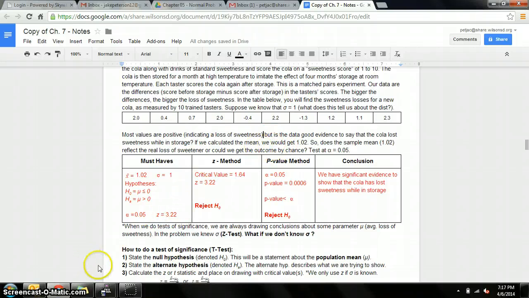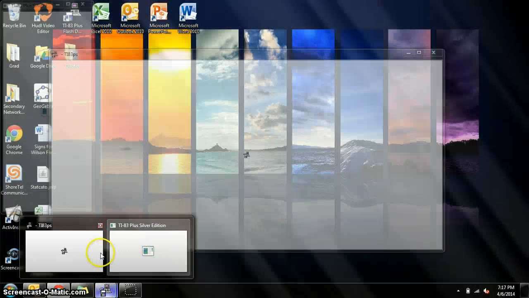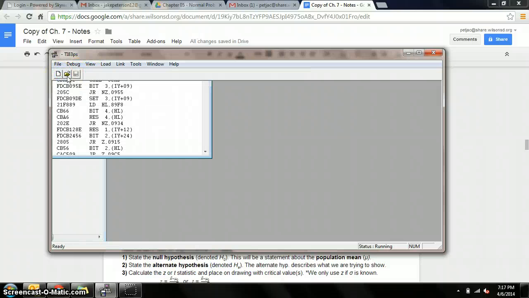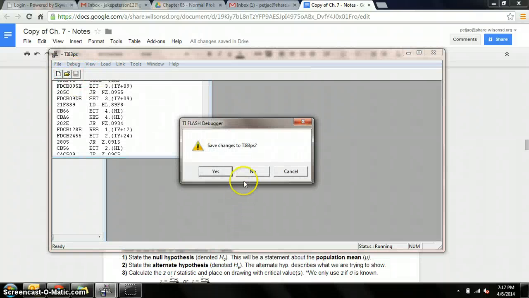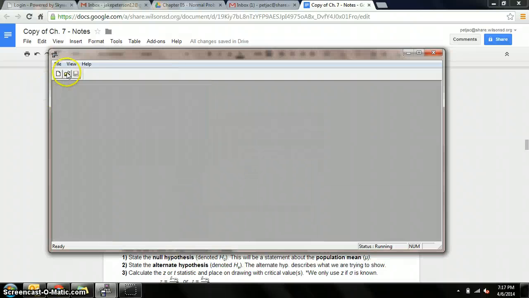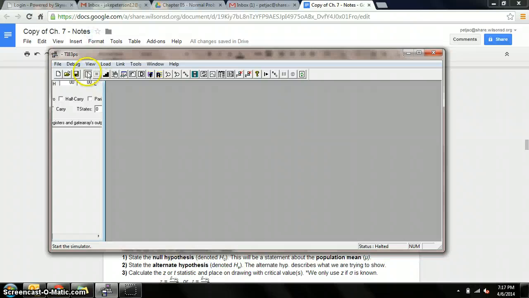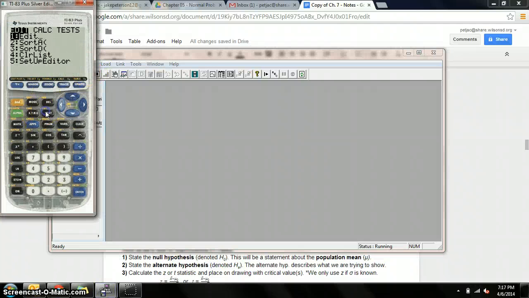So how do we get that? Let me just pull up the calculator here. Alright, so we go to stat, we go over to tests, and you can see the first two are z-test and t-test.